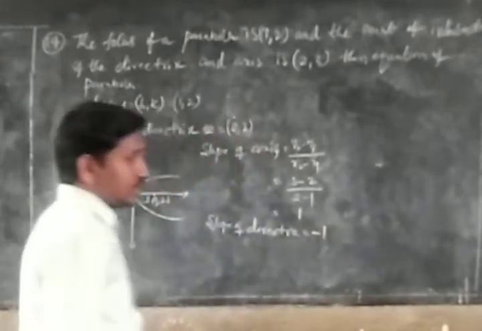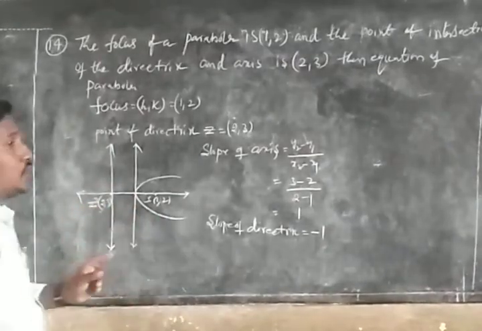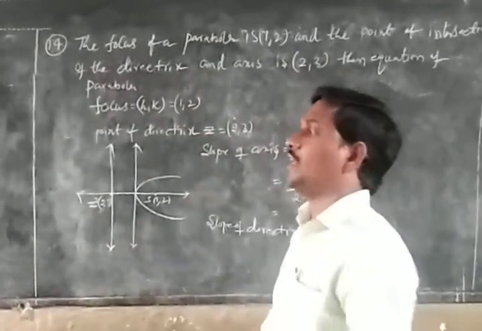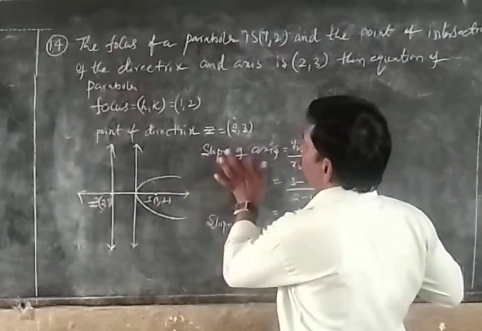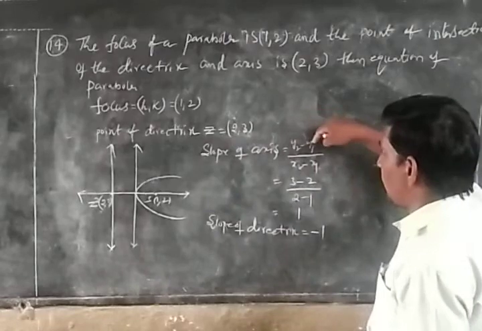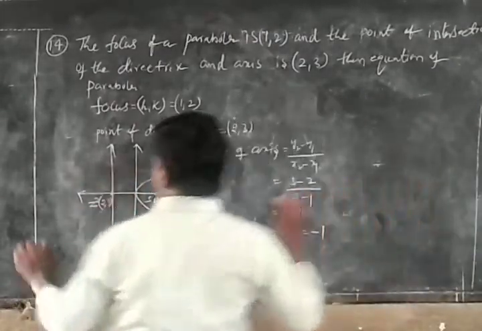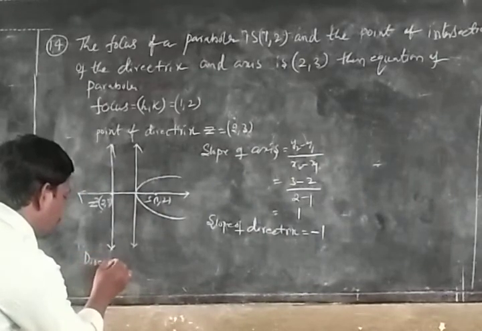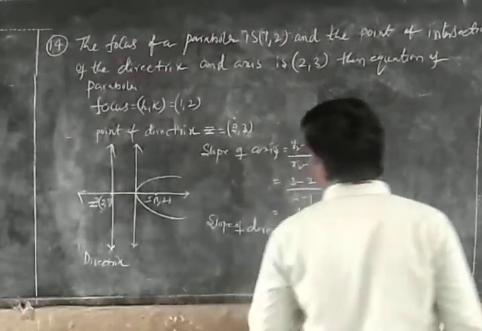Why? Because if there are two points on a line, we can calculate its slope using (y2 minus y1) by (x2 minus x1). That is 1 for the axis.